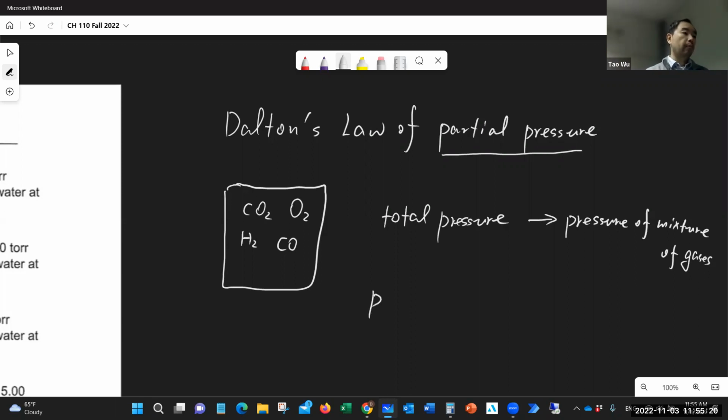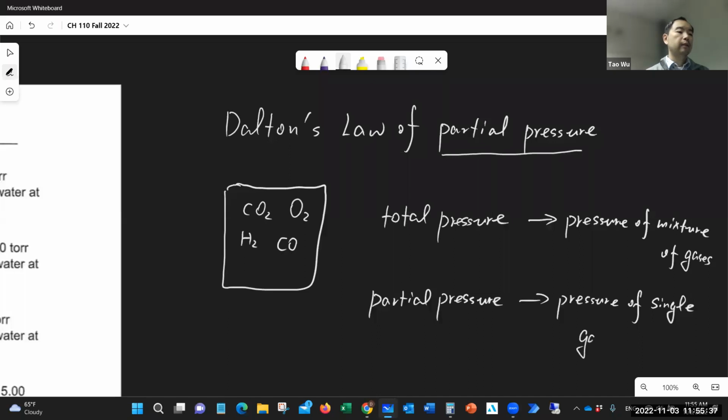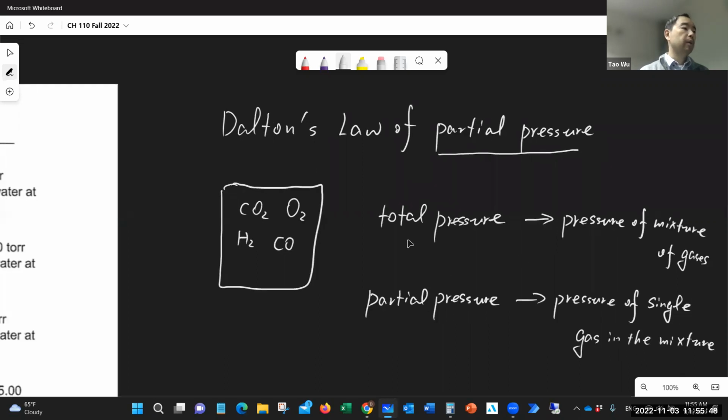So the partial pressure is talking about the pressure of a single gas in the mixture. Okay, so this is the difference between the total pressure and the partial pressure.